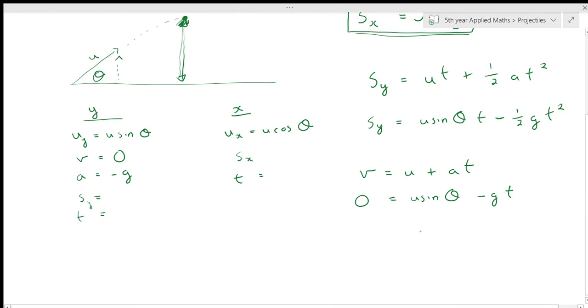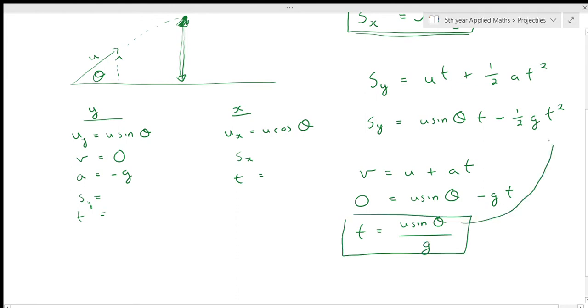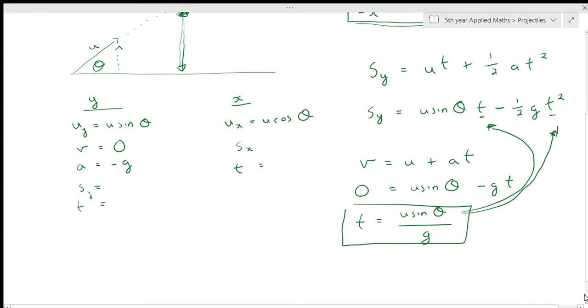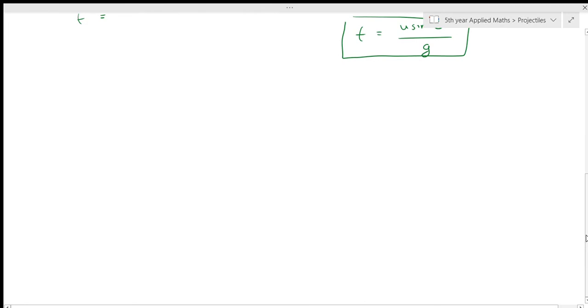And we can say from that t equals u sine theta divided by g. Now there's an expression for t. The reason I did that is because if I sub this in place of t in this top equation here, I'm reducing the number of variables in the equation. I no longer have t in there. I have u sine theta and g, which I already have in that equation, so I'm reducing the overall number of variables. So let's sub that in there.